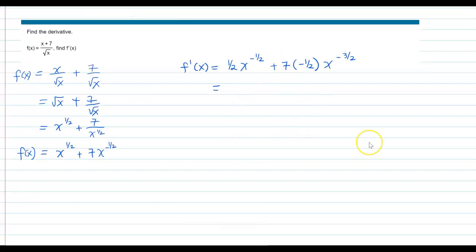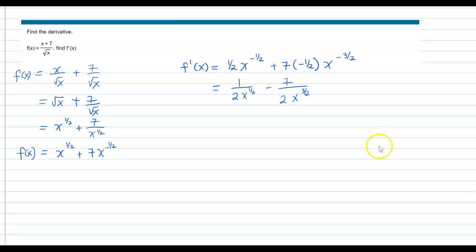This one is just 1/2. Now you bring this down to make it positive, so that's x to the 1/2 minus 7/2. So 7 times negative 1/2 is negative 7/2. And then you have x to the positive 3/2.